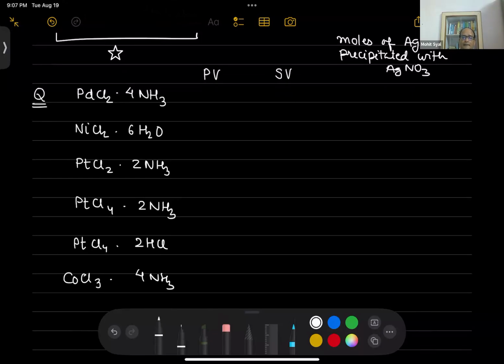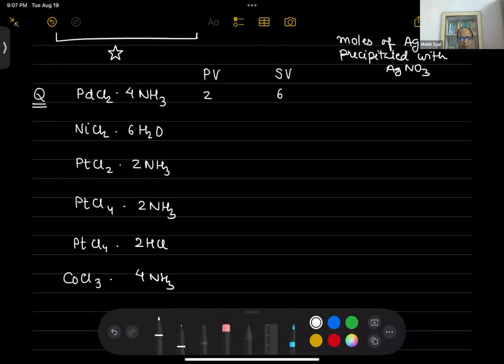So primary valency is 2, that is the charge of palladium. And secondary valency will be either 4 or 6.